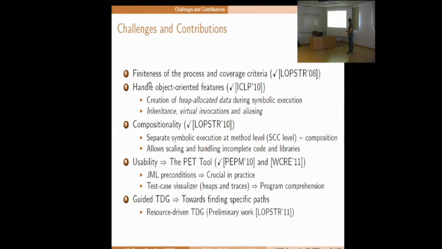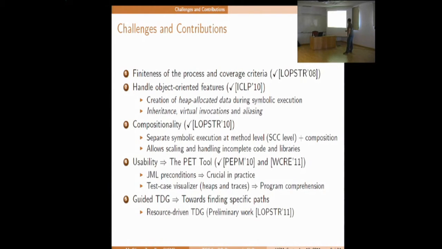And then there is an interesting new topic that we are now studying, which is to try to find test cases that reach specific program points, or that lead the program to specific states, such as very high memory consumption, or the raising of some exception, these kinds of things.